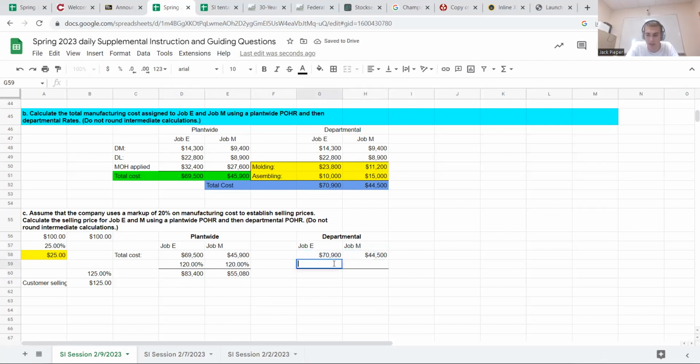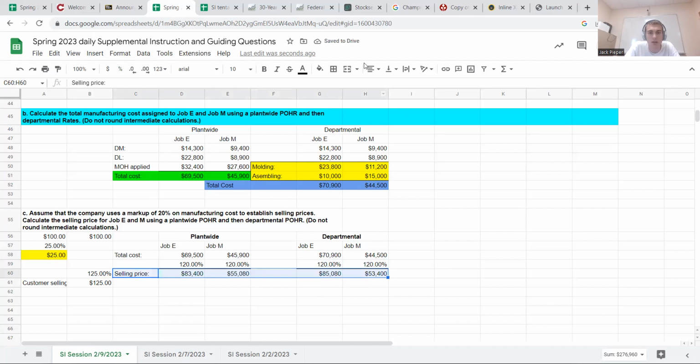Then we'll hit 1.2, and again, we'll express it as a percent. Cool. Now we can just multiply them. Okay, selling price. The selling price is what we charge the customer.